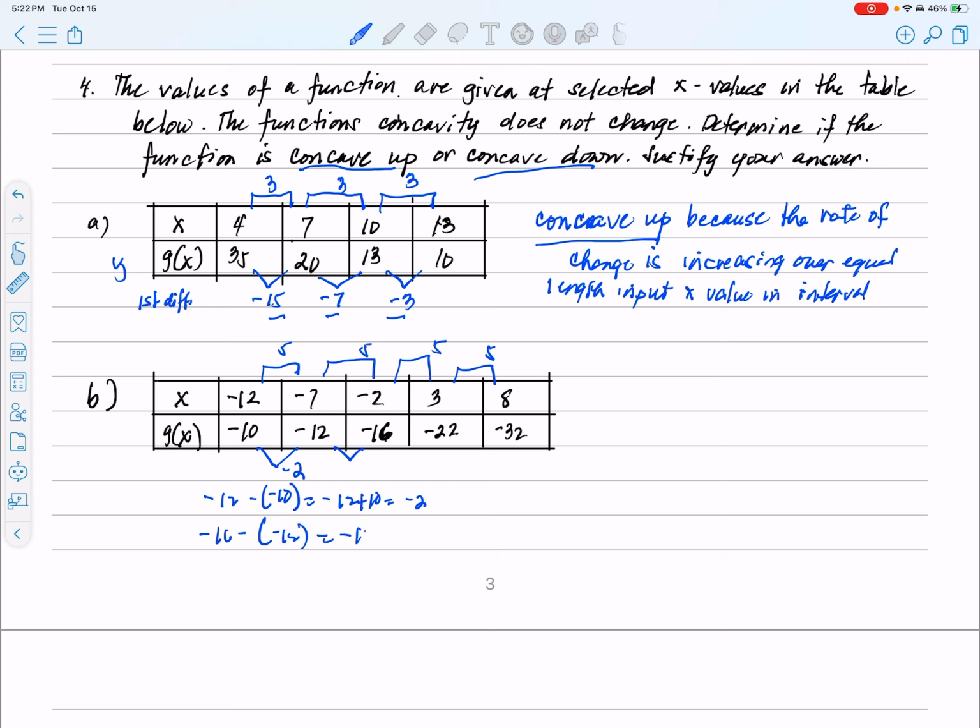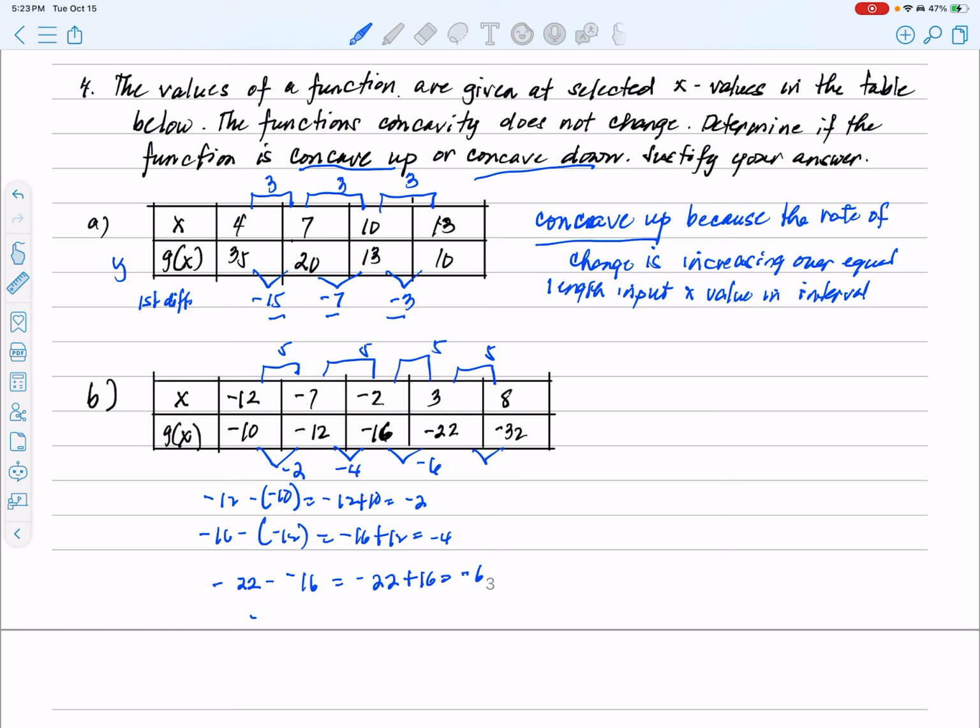So negative 16 plus 12. You have negative 4. Then negative 22 minus negative 16. That's negative 22 plus 16. That would be negative 6.